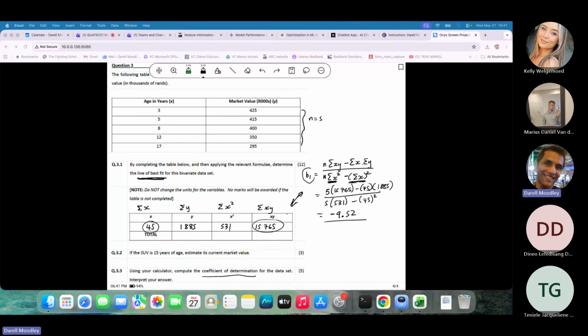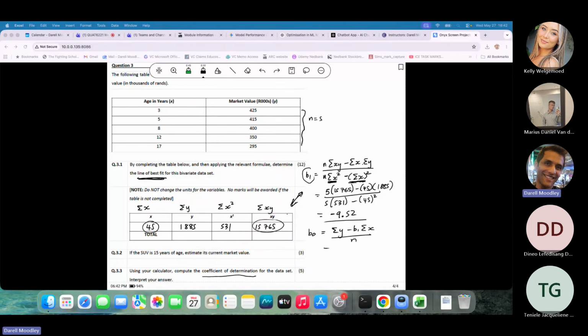And then your intercept is given by the formula sum y minus b1, which you just worked out, times sum x, all over n.